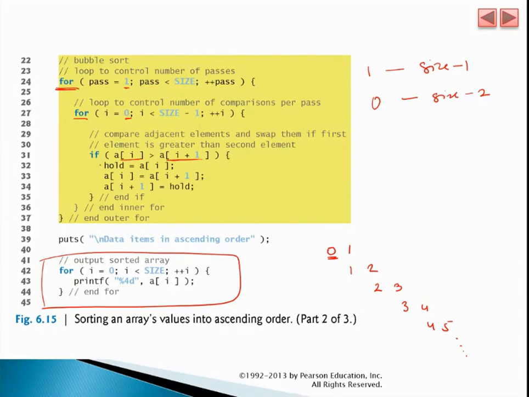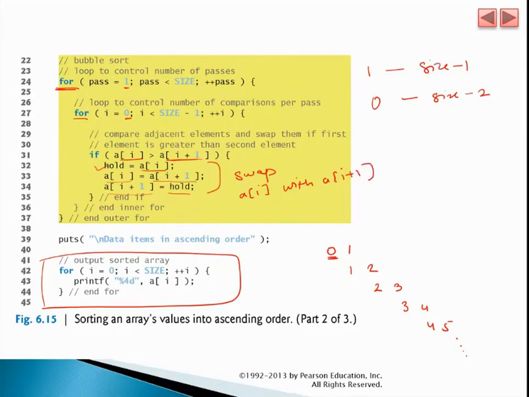I hope you all know the concept of swapping. We will put this element into a temporary variable, and the value of a[i] becomes a[i+1], and then a[i+1] becomes temp. This is the swapping concept. This actually swaps a[i] with a[i+1].